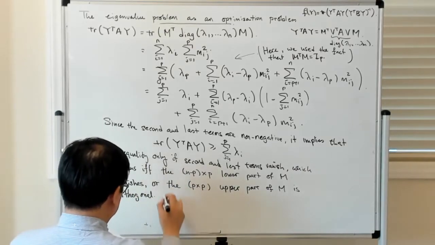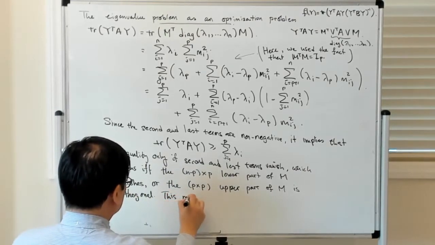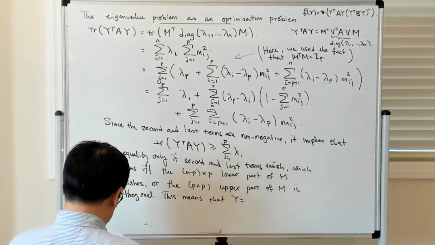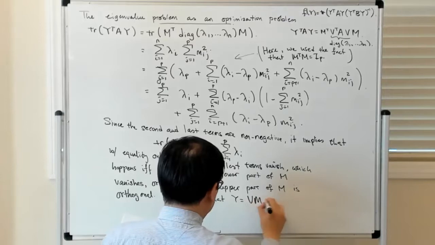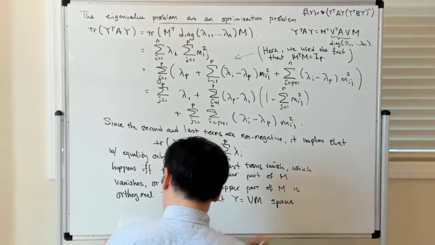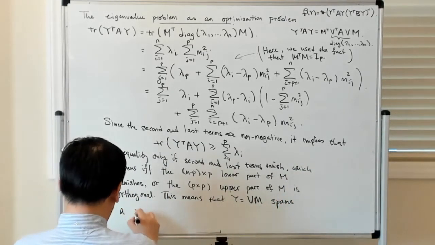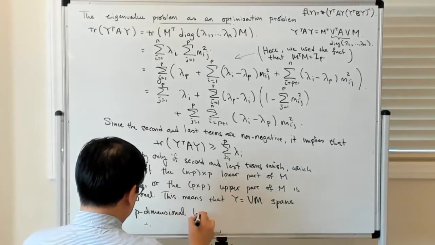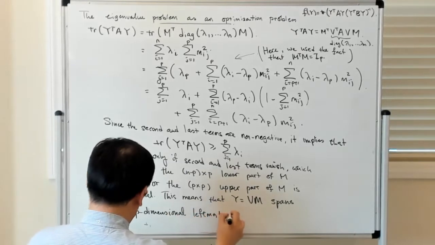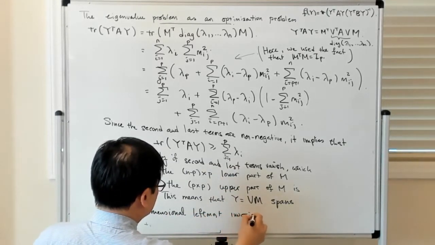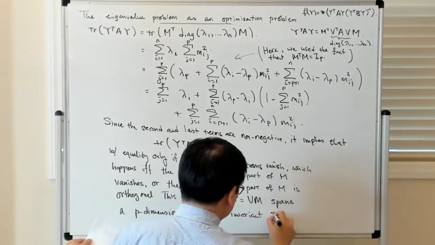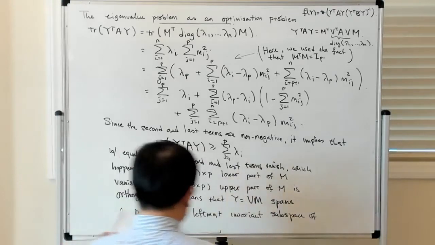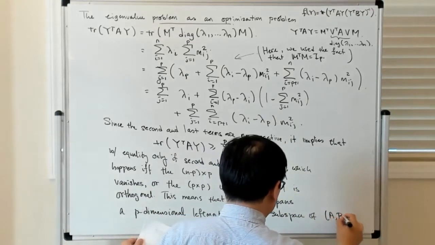Okay, and this means that Y equal to V M spans a p-dimensional leftmost invariant subspace of AB.